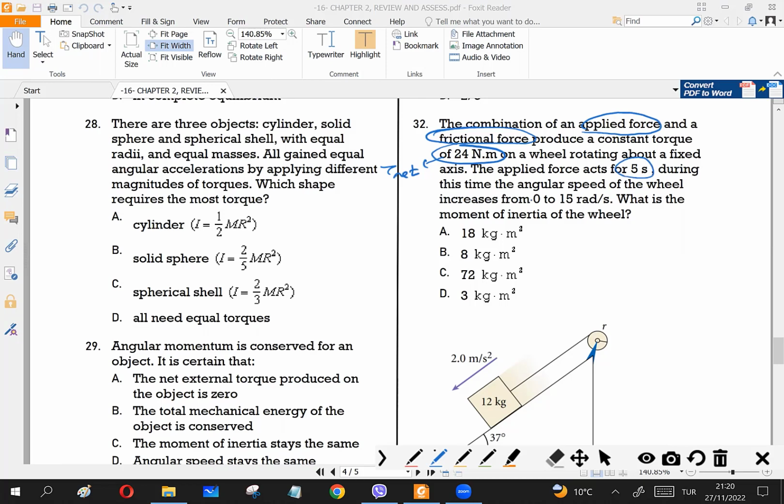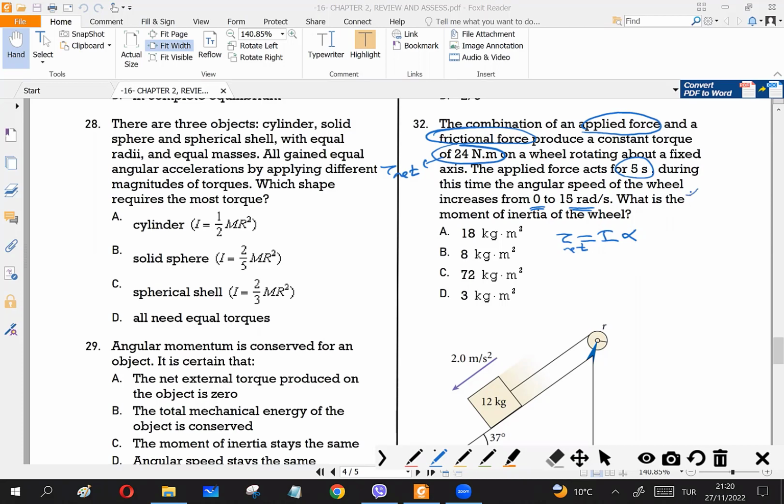And during this time interval, the angular speed of the wheel increased from 0 to 15. What is the moment of inertia of the wheel? There's only one way to calculate the moment of inertia. Torque is equal to I times alpha. Net torque is given for 5 seconds. Alpha can be calculated because the angular speed change is given.